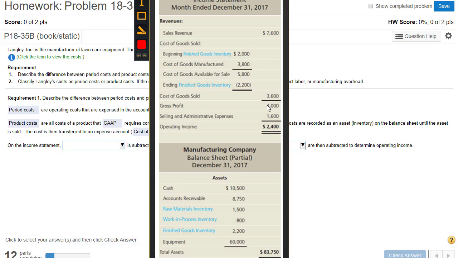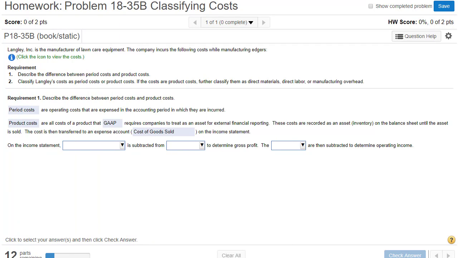And then notice, how do we calculate gross profit? We take sales revenue, we subtract cost of goods sold, and we get gross profit. And of course, this is the calculation for cost of goods sold. So that's what they're asking next. On the income statement, cost of goods sold is subtracted from sales revenue to determine gross profit.